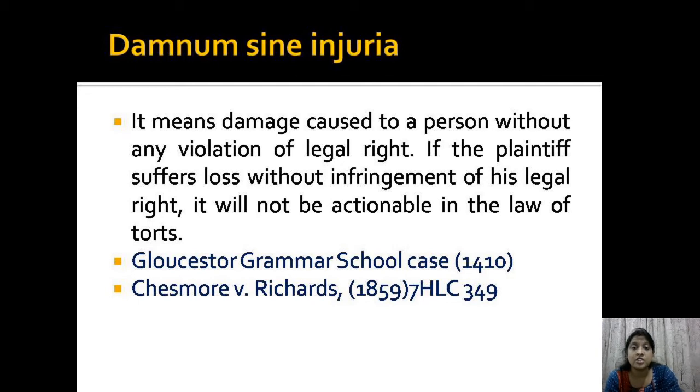As such, he has not caused any type of injury to the plaintiff, and so he was not liable. So it can be seen that just only causing damage is not enough. If damage is caused but there is no injury, then the defendant will not be liable, and the plaintiff will have to prove that he has suffered from any legal injury.